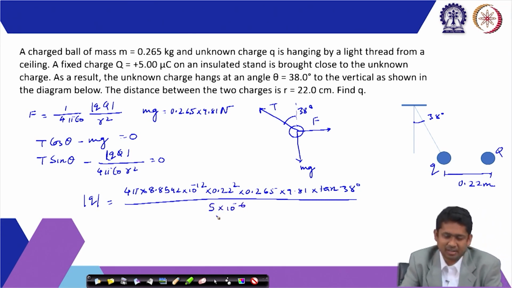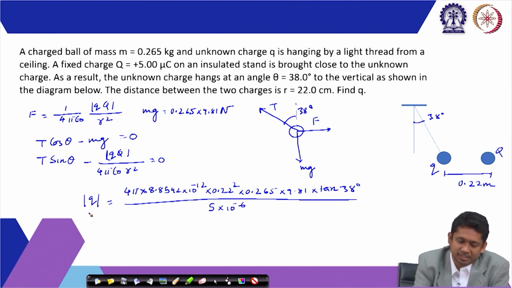So, we can calculate it and find the magnitude of the charge q, and we know that it is a negative charge. That gives me full information about this charge.